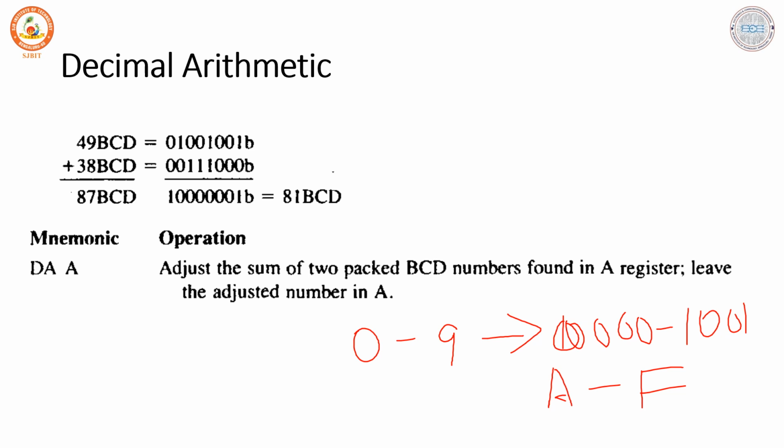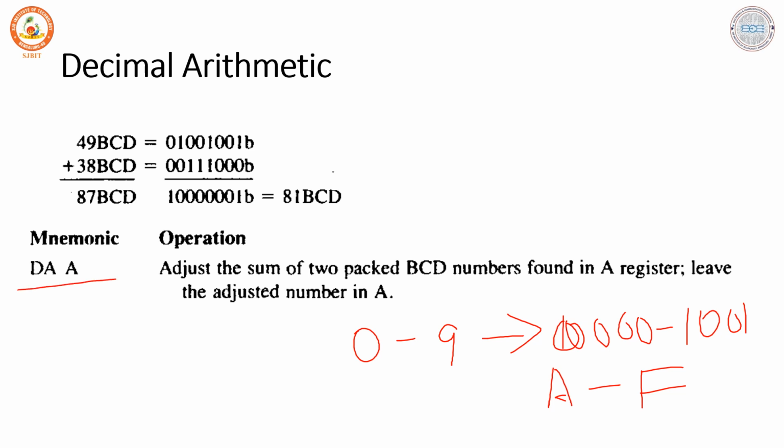Whenever it exceeds 9, I cannot just represent it using A to F. So 8051 provides a special instruction that will add 6 to the result of particular numbers which exceed that 9 value. And this instruction has a format which we call DAA.